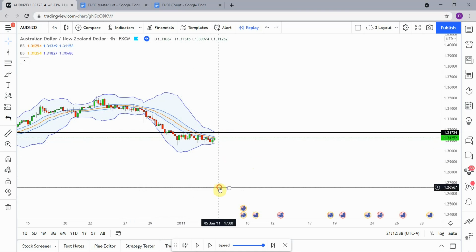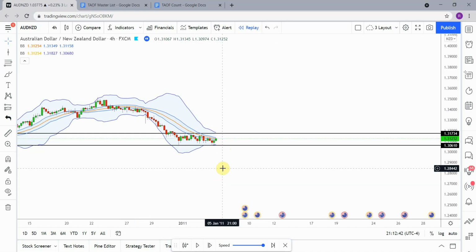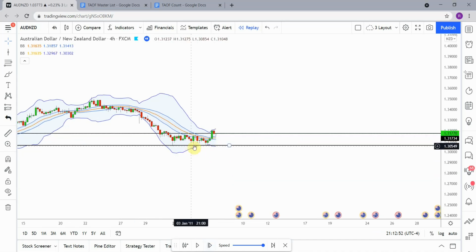And we're using these two lines here to kind of map out the highs and the lows of that consolidation. And so you can see here as the Bollinger Band squeezes in, we have this sideways movement of price action. So what we're going to do is go ahead and move forward here, and we were looking for a breakout of this consolidation to either the downside or the upside with a good, nice momentum candle.